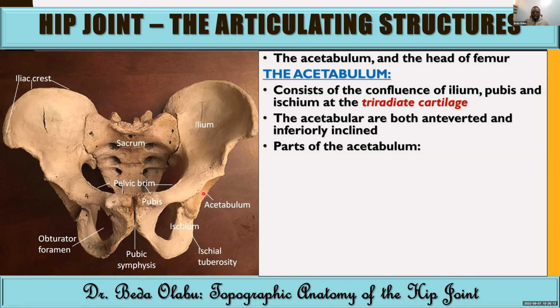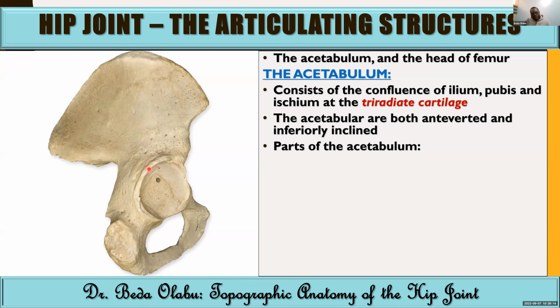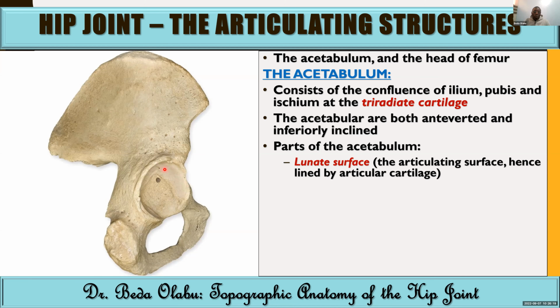What are the parts of the acetabulum? Let's use this image. We have what we call the lunate surface of the acetabulum. It looks like a crescent moon, that is called the lunate surface. The lunate surface of the acetabulum is the articulating surface of the acetabulum. It is the part of the acetabulum that makes contact with the head of femur.